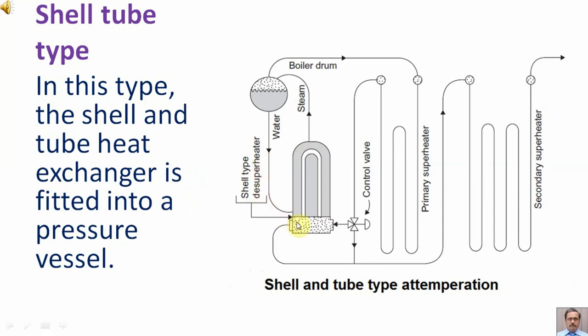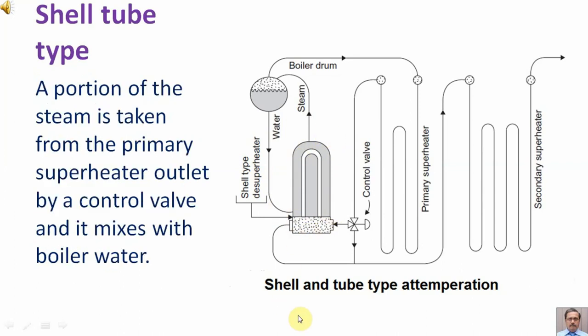In this type, the shell and tube heat exchanger is fitted into a pressure vessel. A portion of the steam is taken from the primary superheater outlet by a control valve, and through the heat exchanger, this steam comes in contact with the boiler drum water.